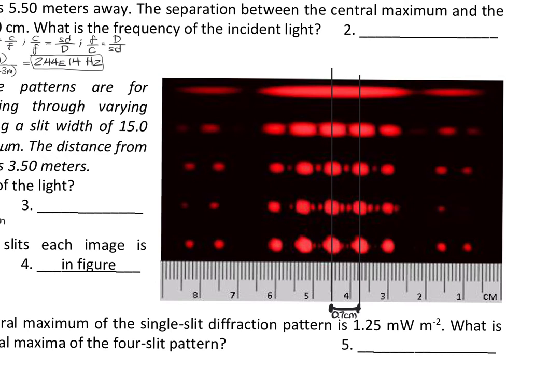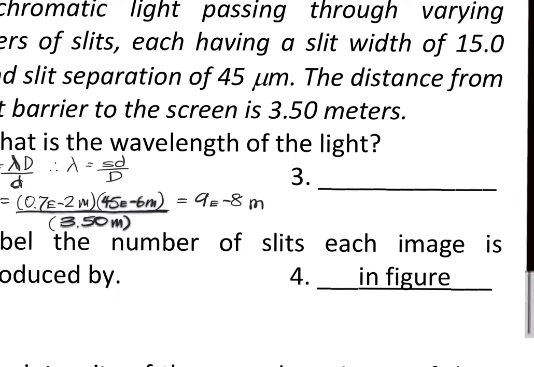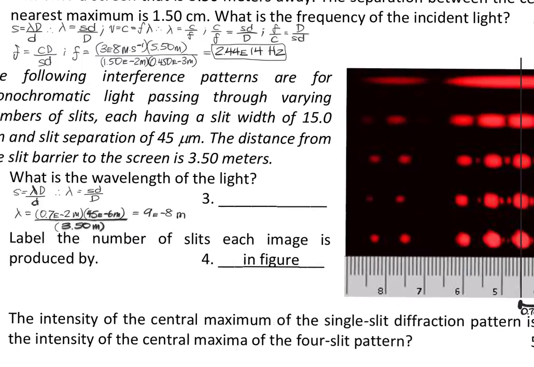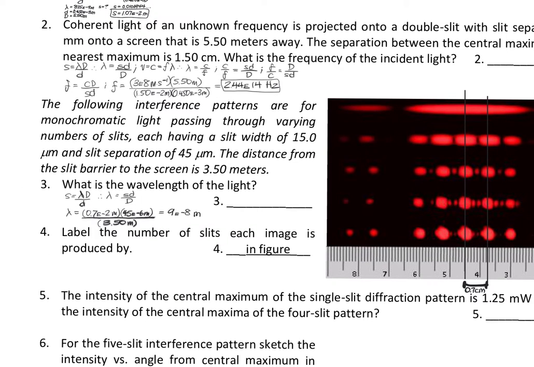I'm glad I verified that. That bumps up to 750 nanometers. But the point is that this answer, 9 times 10 to the negative 8, is 90 nanometers. That's nowhere near 750. So I don't really know what light they're using here. But the numbers do make sense.